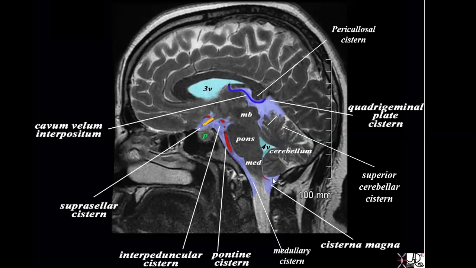Lastly, cisterna magna or posterior cerebellomedullary cistern between the medulla and the cerebellar inferior vermis.